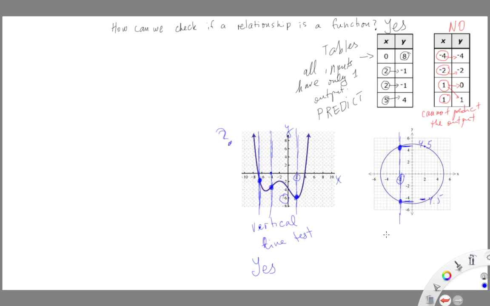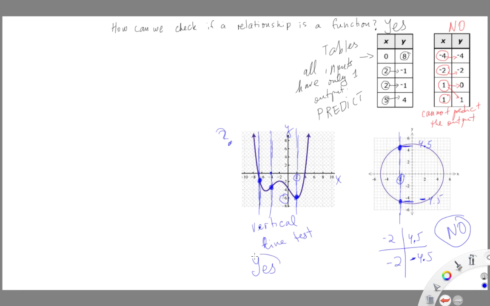So an input of negative 2, if I make a table, gives me an output of 4.5, and it also gives me an output of negative 4.5. Can I predict which output I'm going to get? No, I cannot. Therefore, this is not a function based on the vertical line test.